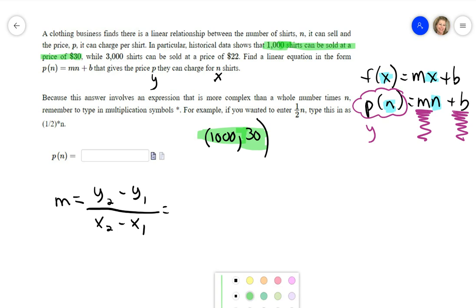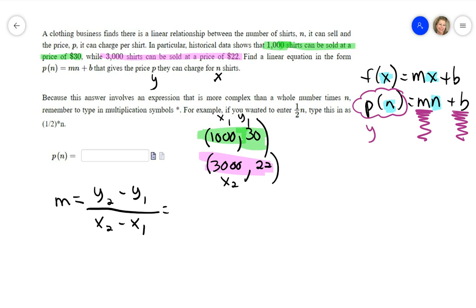And then 3,000 shirts can be sold at a price of 22. So I have another ordered pair, 3,000, 22. I'm going to see this one as x sub 1, y sub 1, and this one as x sub 2, y sub 2.